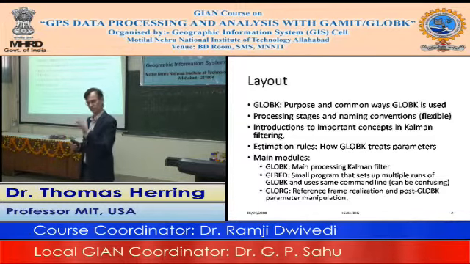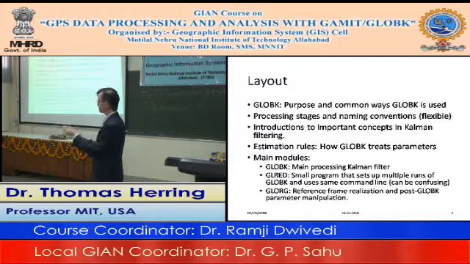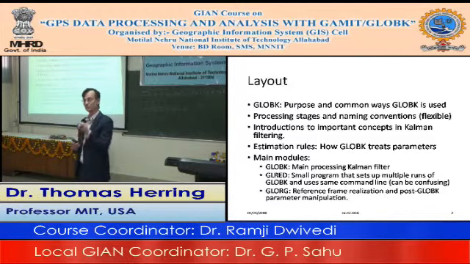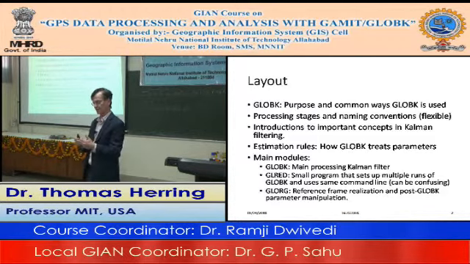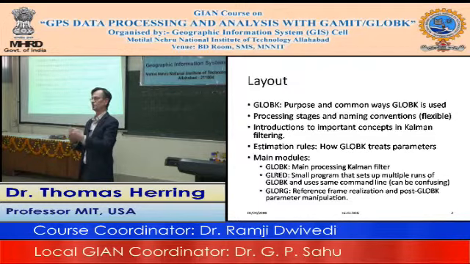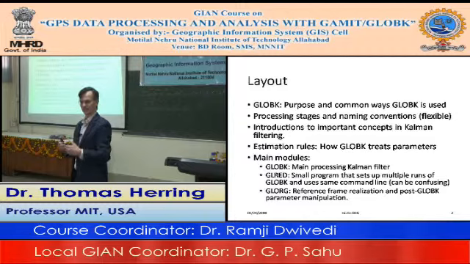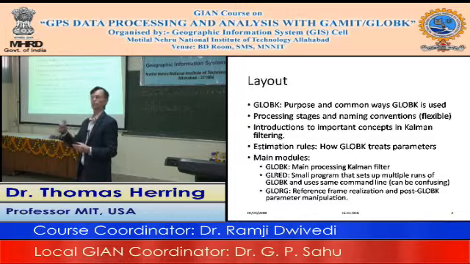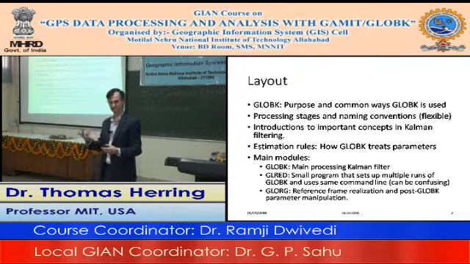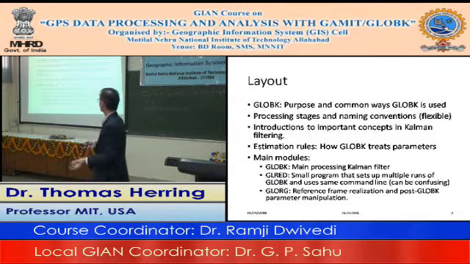And so GLOBK is a Kalman filter where the process noise assumes that there can be essentially white noise changes in positions every time you make an estimate of it. So a station coordinate every day has a random change that it might have, and that process is called a random walk or Brownian motion. And so we use that, very common.